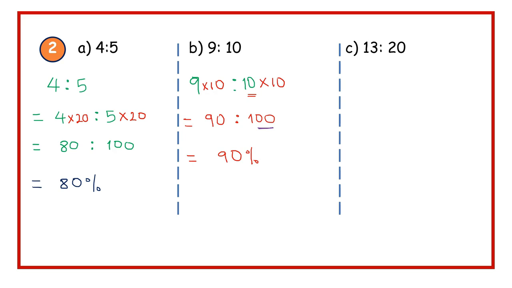In part C, we have got the ratio 13 to 20. So, as you can see how we have done it in part A, where we need to make the second part of the ratio become 100, so we had to multiply by 20, such that 5 times 20, we get 100.